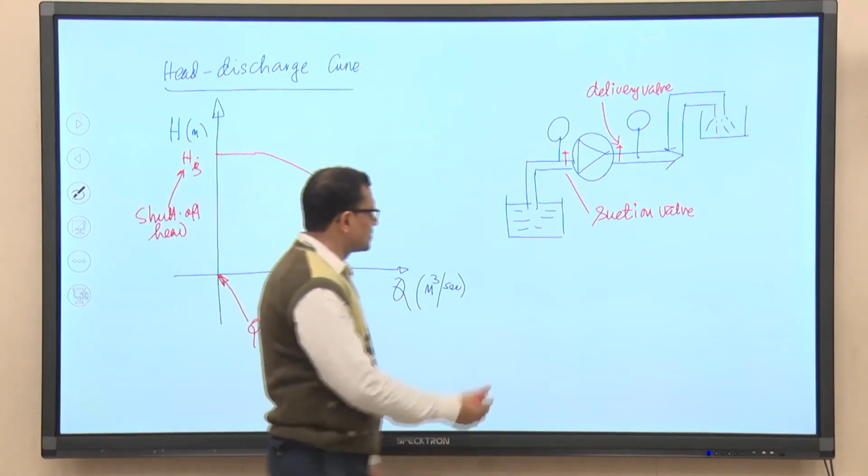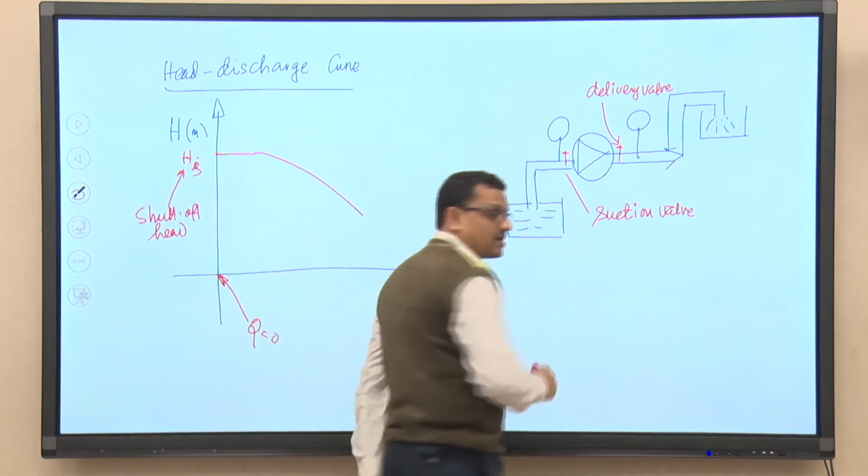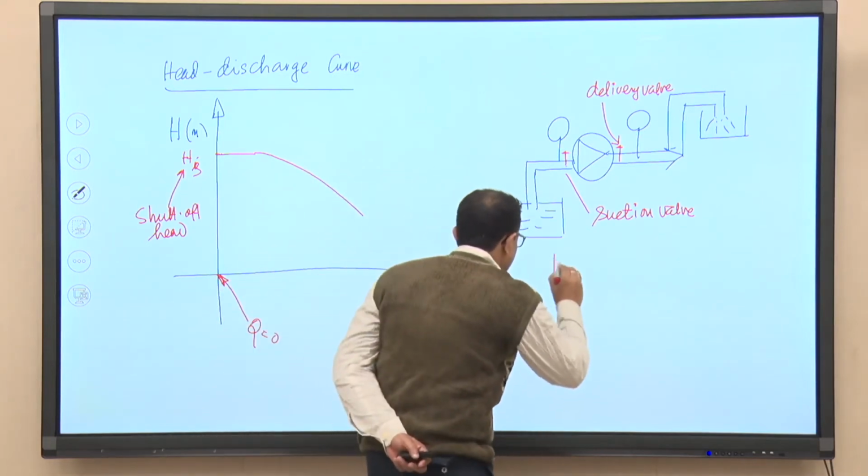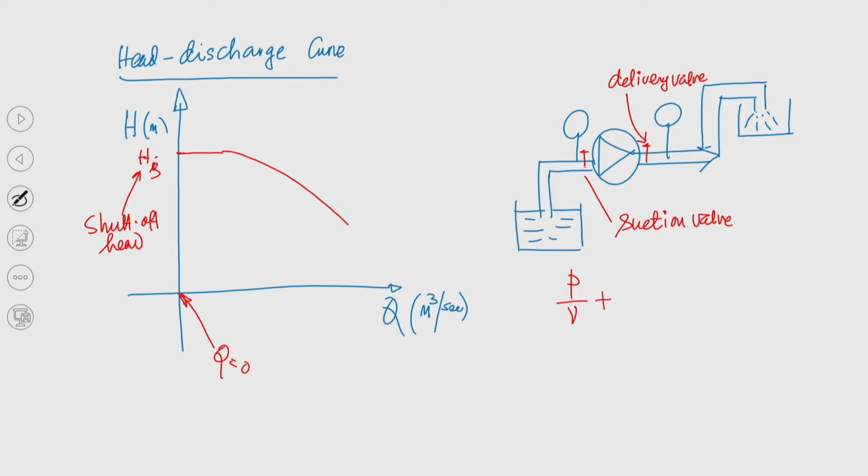I can take an example, if you have studied fluid mechanics: P by gamma plus V square by 2g plus Z equals constant. In this equation, the first term is the pressure head, which I discussed in the last class. Then this is the velocity head. This is velocity, so how does head come into the picture?